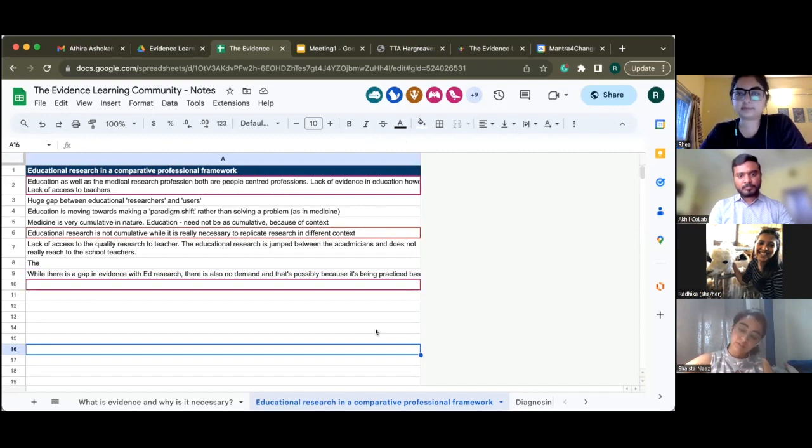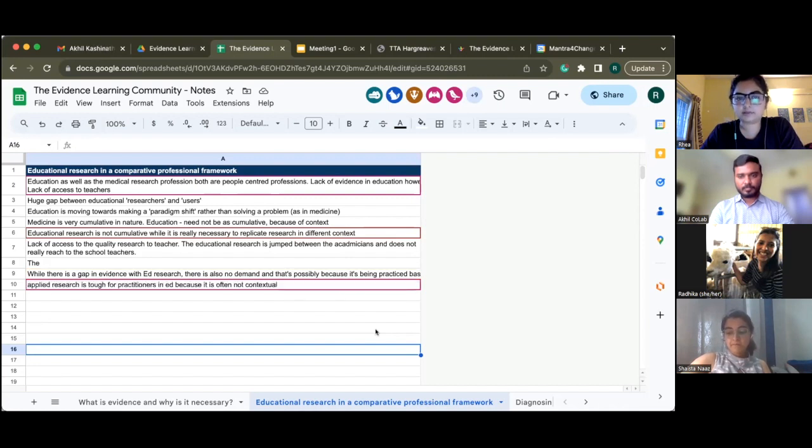Another point was that in medicine there's almost no difference between the researchers and the doctors who are actually practicing the medicine, because the ones who are finding new research are also implementing it immediately.